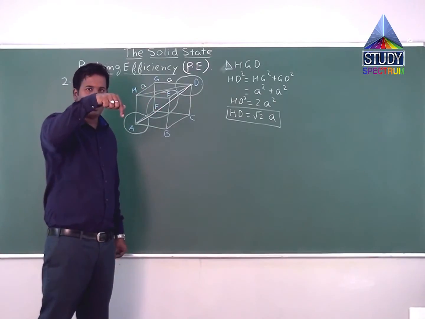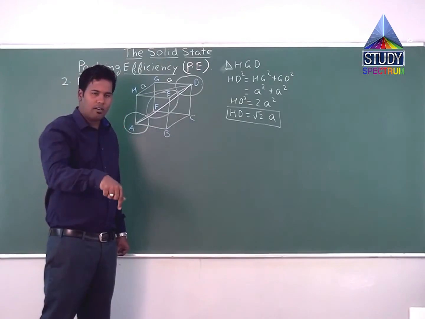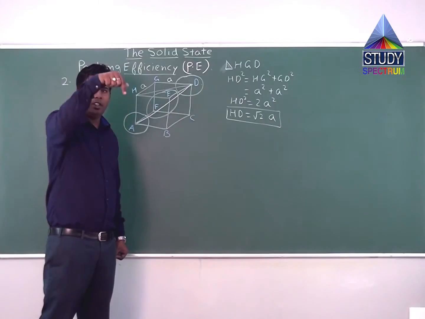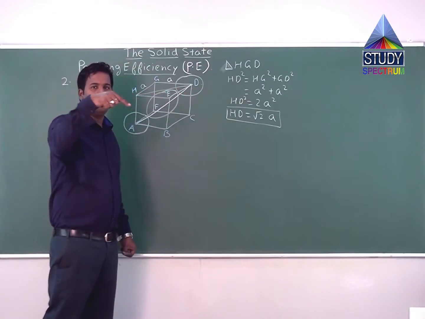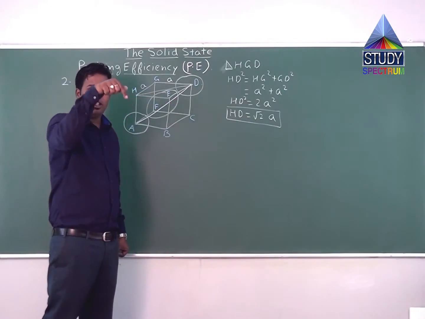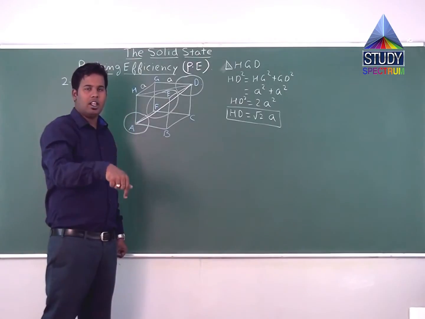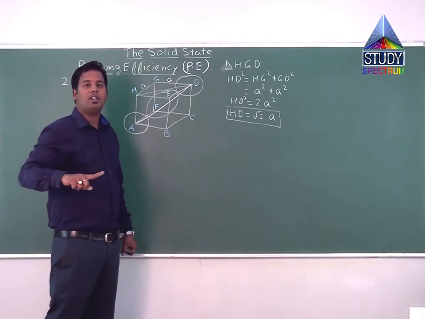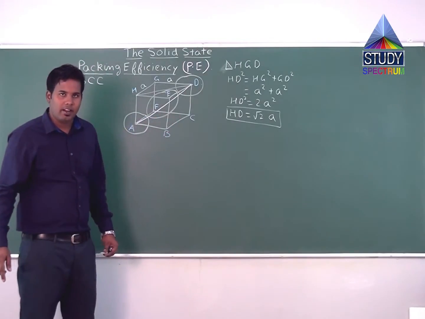And from the same point H, there goes a vertical line below this plane. So the angle between this line and this diagonal should be 90 degrees. And since this face diagonal HD and this edge HA are at 90 degrees, the body diagonal AD becomes the hypotenuse of this triangle.